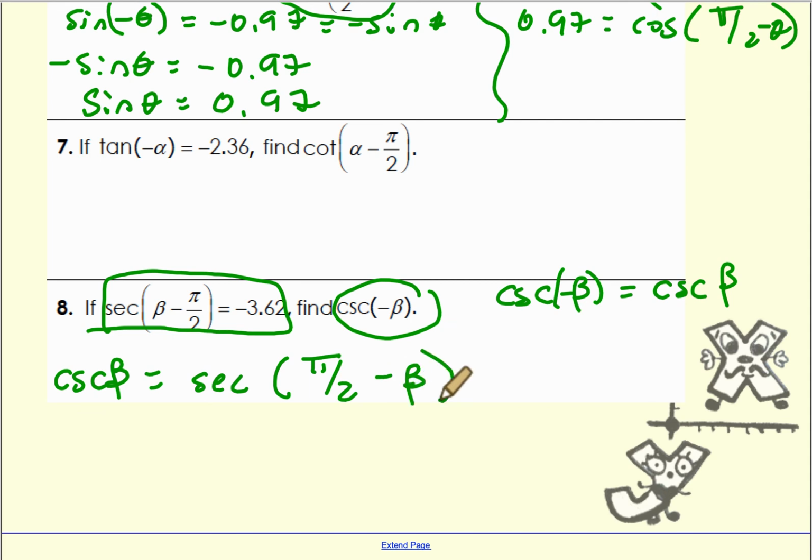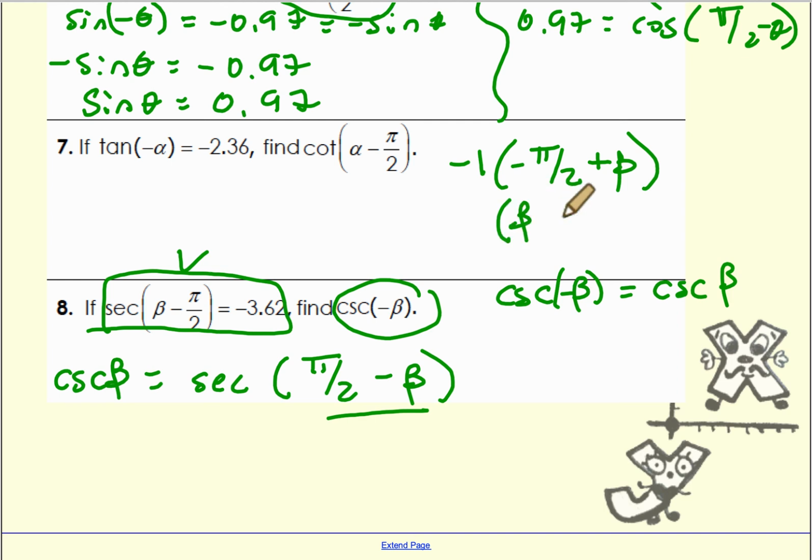Okay, now notice this is different. Why? Well, remember that thing we did where we could factor out a negative 1? So if I factor out a negative 1 from pi over 2 minus beta, I end up with a negative in front of the pi over 2 and a positive in front of the beta. And using the commutative property for addition, I end up with this.